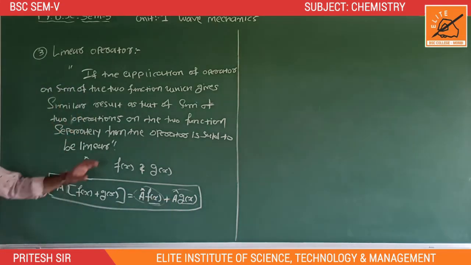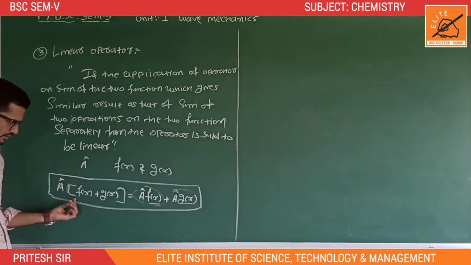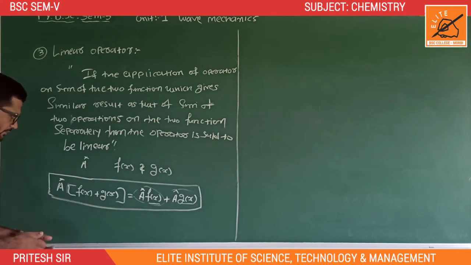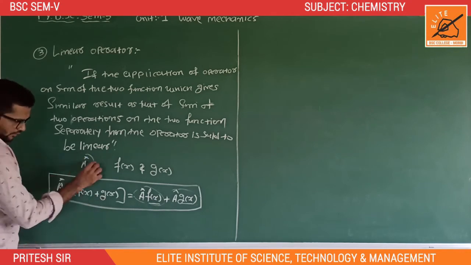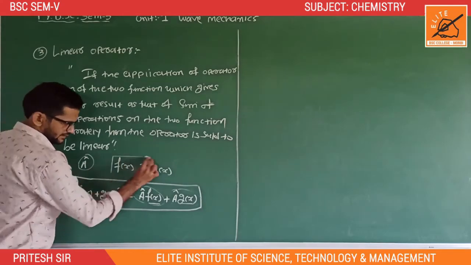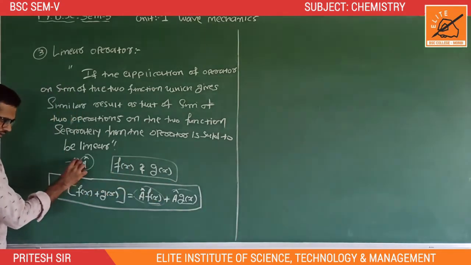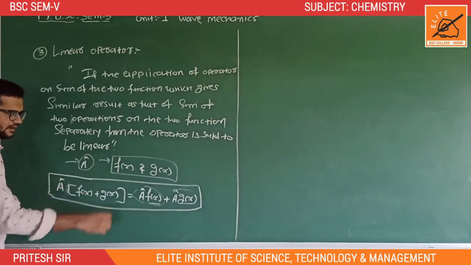So this is the basic definition and mathematical expression of a linear operator. In a linear operator, one operator, that is A cap, and two different functions are given.